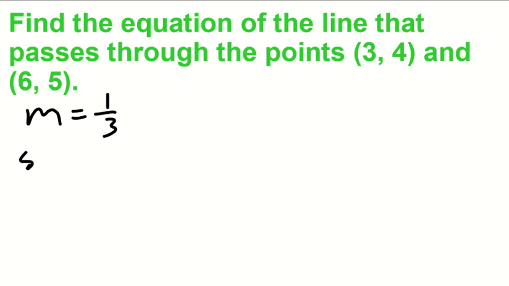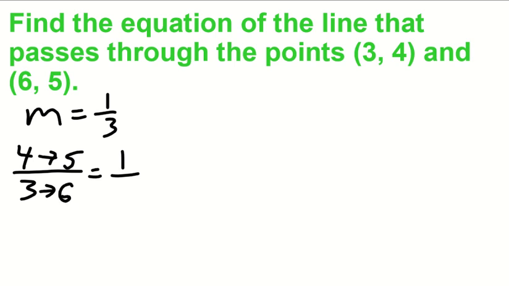The y values are going from 4 to 5. That's up 1. The x values are going from 3 to 6. That's up 3. Both of those are up. That makes them positive. 1/3, that stays a fraction, okay? We have to make sure we're changing y over changing x.